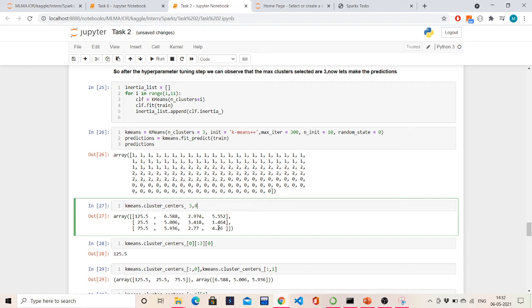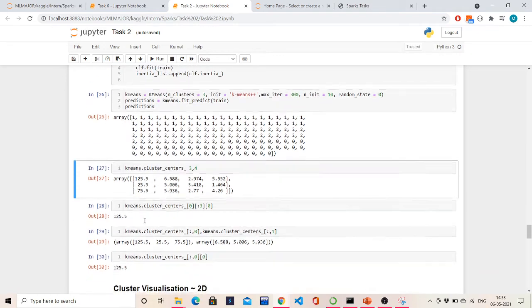This array is very important because with this array only, I will make the visualizations. So this 3 says these are the 3 classes, and this 4 says there are 4 features which you have used, namely sepal length, sepal width, petal length and petal width. So the petal length feature for the Setosa class has somewhere around 125.5 metric. So let's visualize how it actually is.